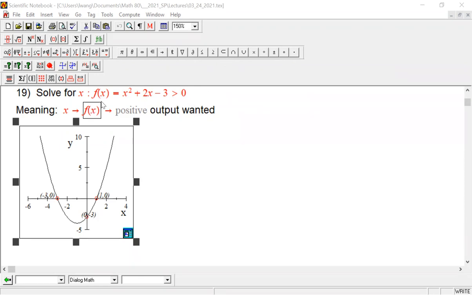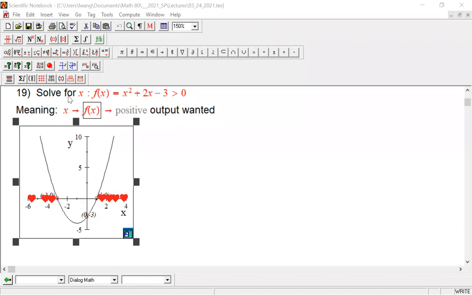So solving for x, f of x greater than 0, that is positive. That's what it means. So we're looking for all the input. And where do we find those inputs? Right here. All the way up to a little less than -3, and all the way up to a little bit greater than 1, and then forever in both directions.